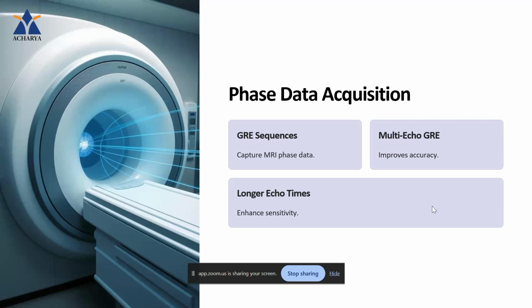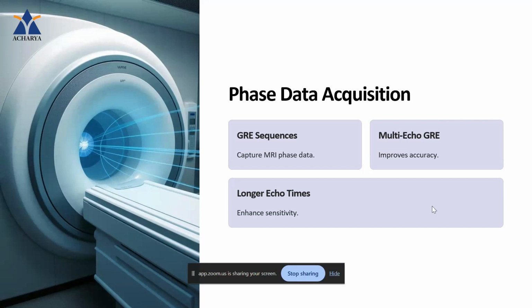This sequence acquires multiple images at different time points within a short duration, so it reduces the noise and overall increases the signal to noise ratio.